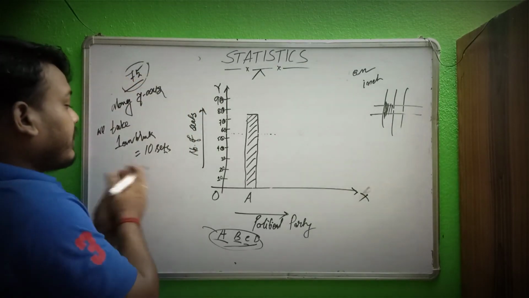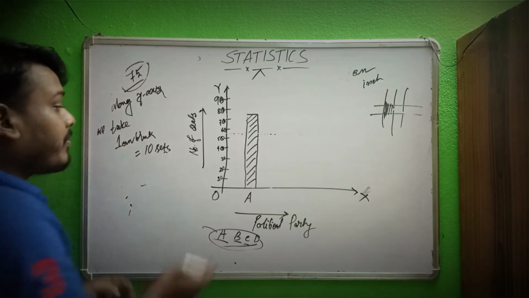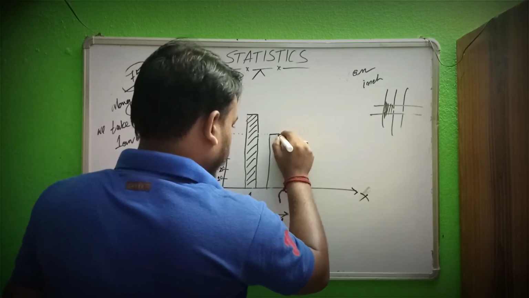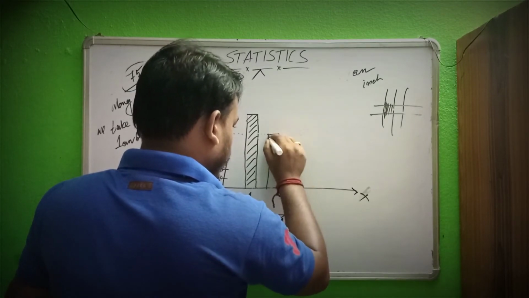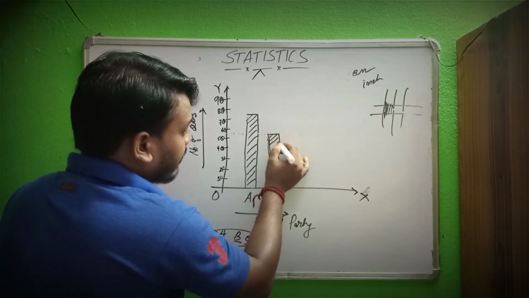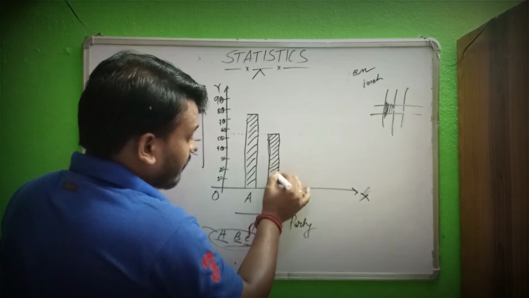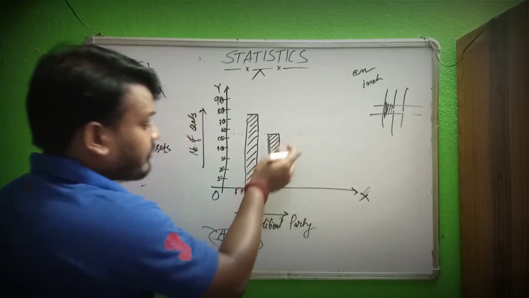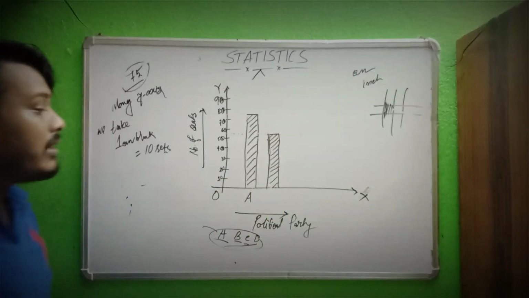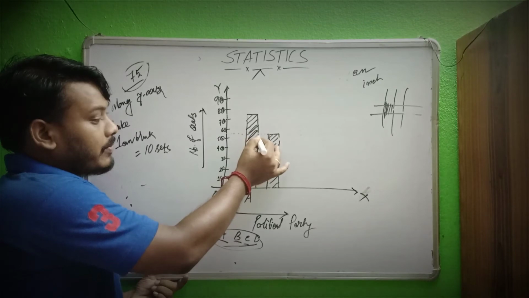Okay. Next is for political party B, the value is 55. So 50 here. So it is political party B, and it is not necessary to draw these types, you can define in your way. We will join here.